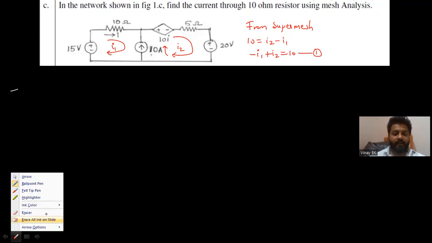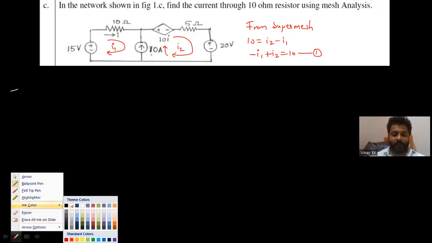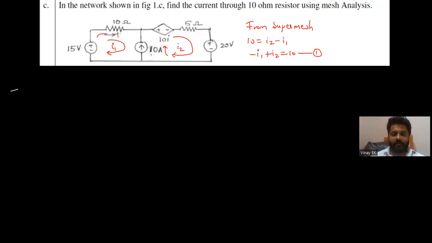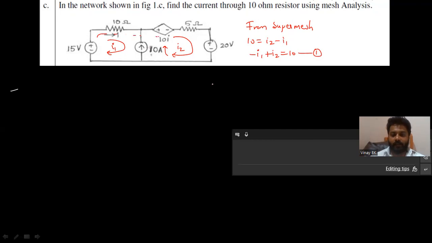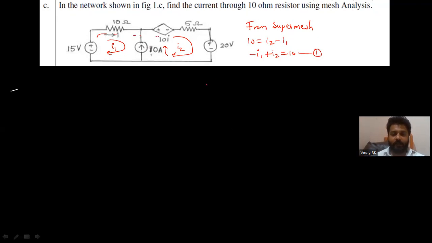Now we apply KVL to the super mesh loop. So this is the super mesh loop. Apply KVL to the super loop.